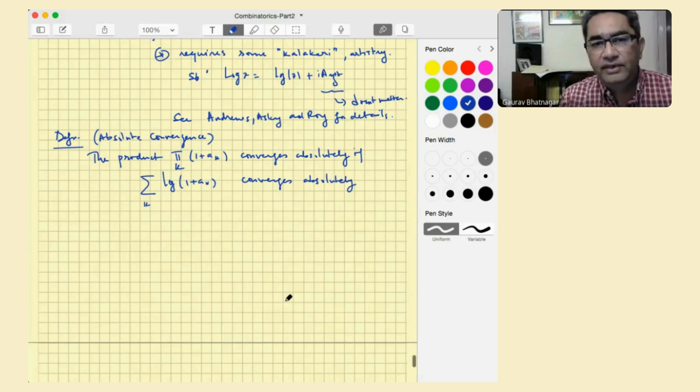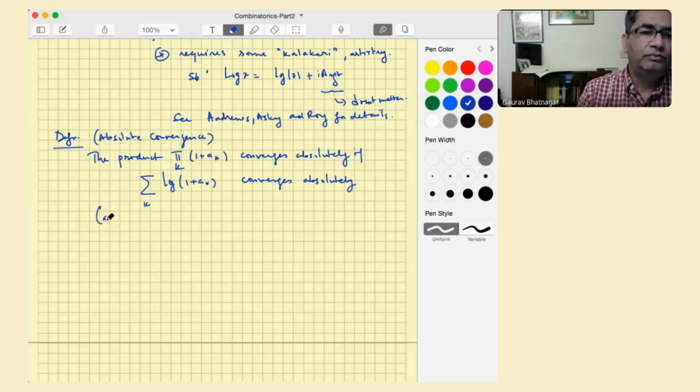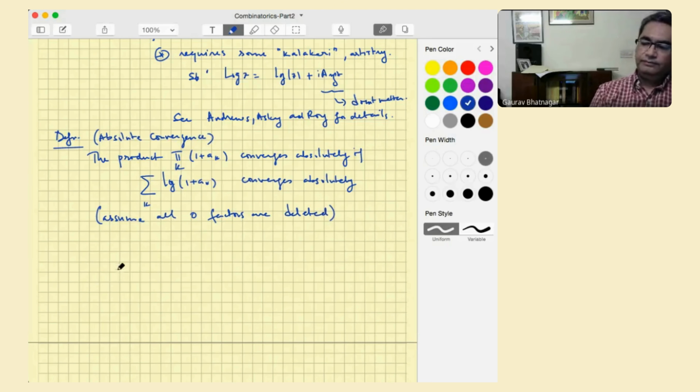So this is the definition. Now you're in sort of safe territory because the arguments don't matter. And we, of course, assume, since log of 0 is not allowed, all 0 factors are deleted before you take this stuff.